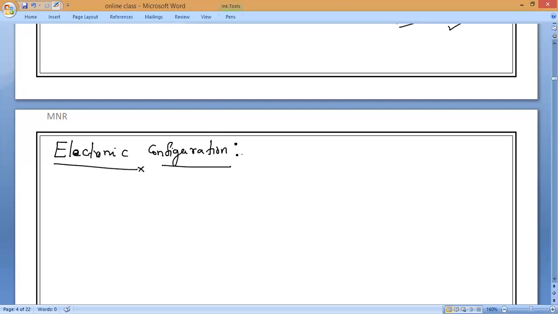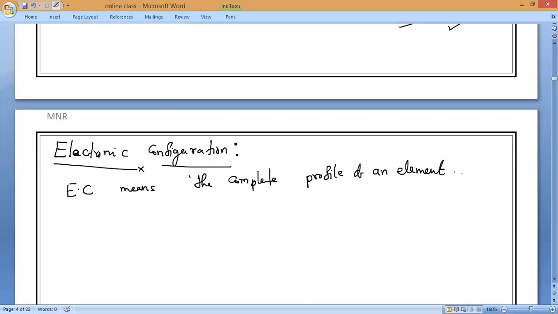Okay. So now, electronic configuration means you can write shortcut. Electronic configuration means the complete profile of an element.